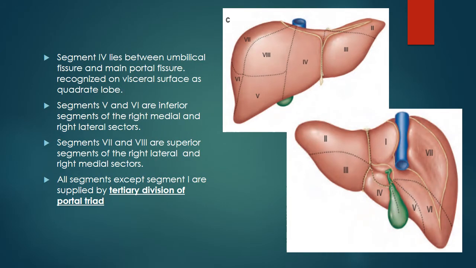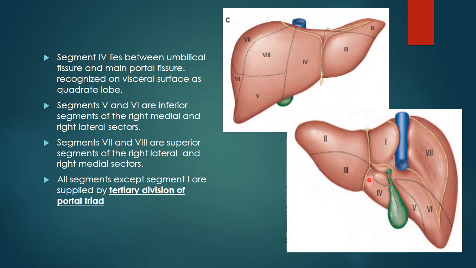Segment 4 lies between the umbilical fissure, this one, and the main portal fissure, this one. So this is segment 4, and please remember that on the visceral surface the quadrate lobe and part of the fossa for the gallbladder are recognized as segment 4.